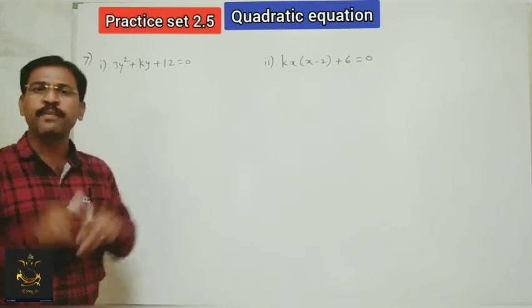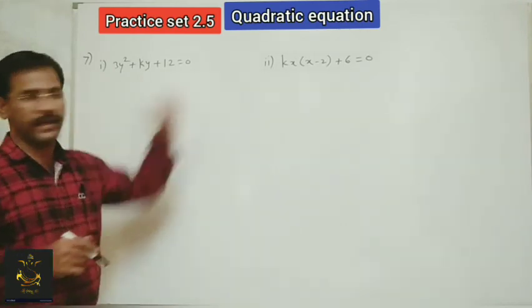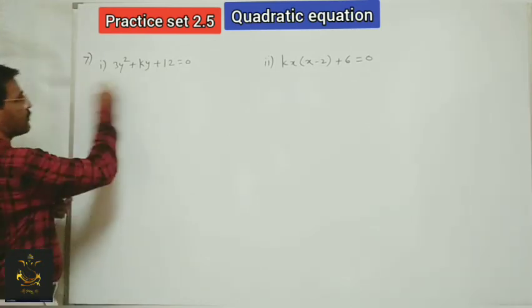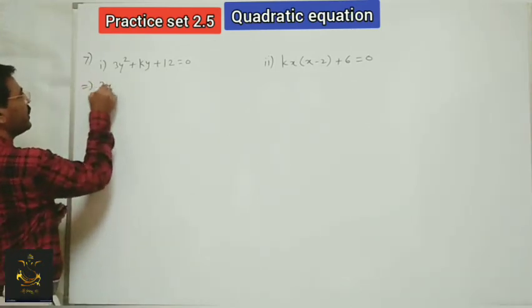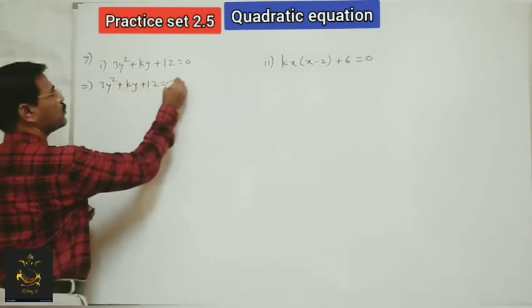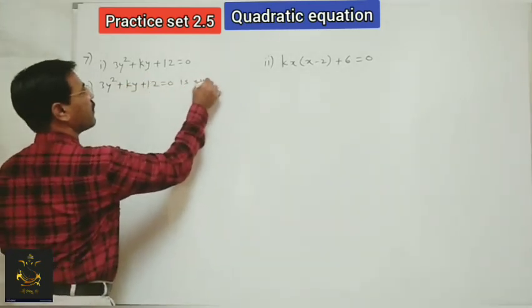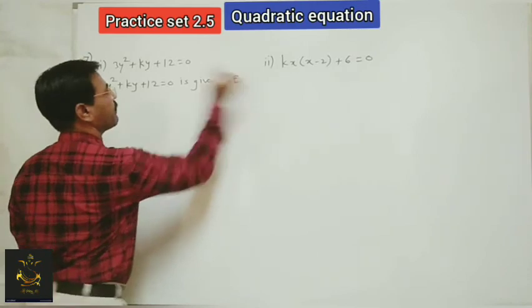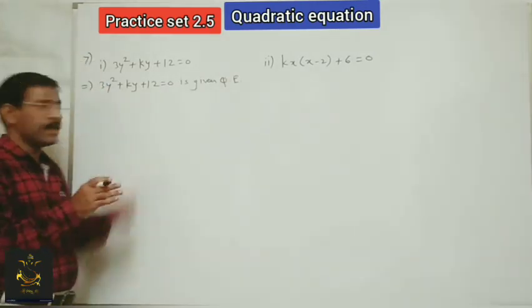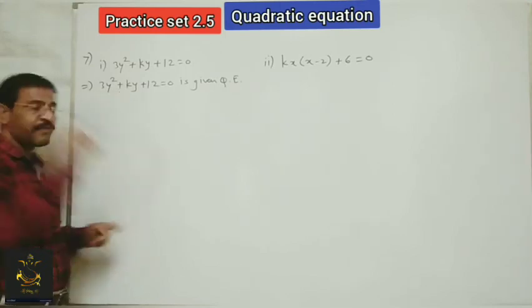So from that information, we are going to find the value of k in both examples. See first here. The first one, we'll write here 3y square plus ky plus 12 equal to 0 is the given quadratic equation. Now we are going to compare this equation with our standard form.